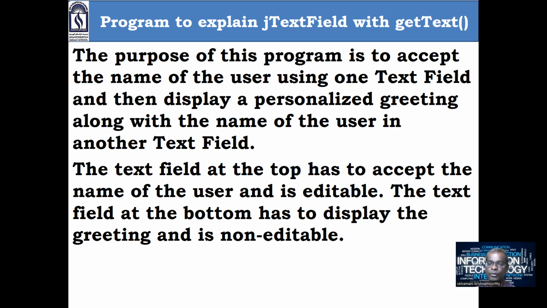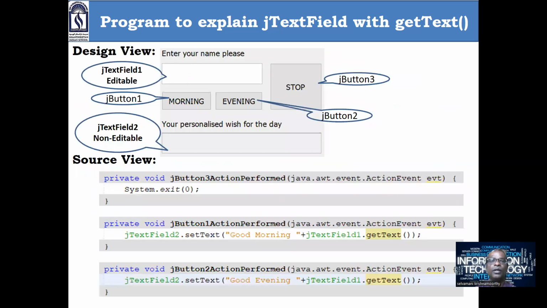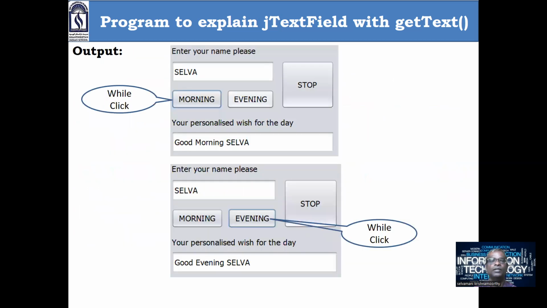Is it fine? Good. Now see this one. First we will see the output, then you can understand. See, this is text field 1. Here I need to type my name, Selva. If I click morning, this is my text field 2. The personalized greeting message needs to be displayed here. That is, good morning, Selva.